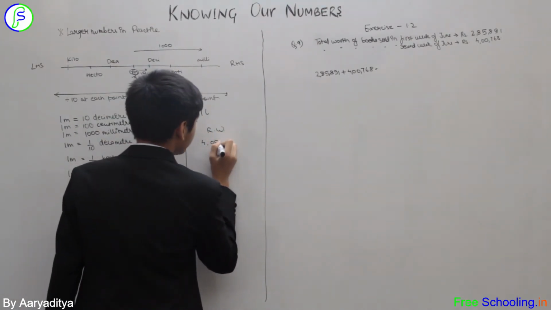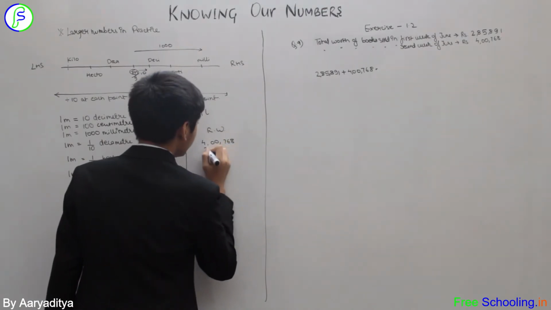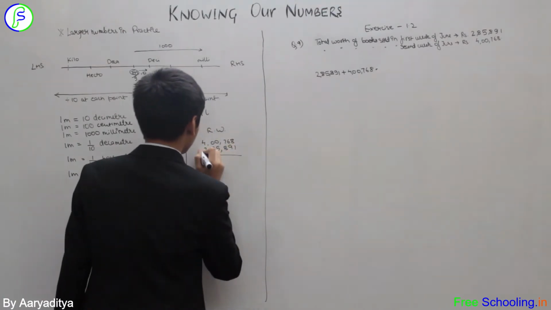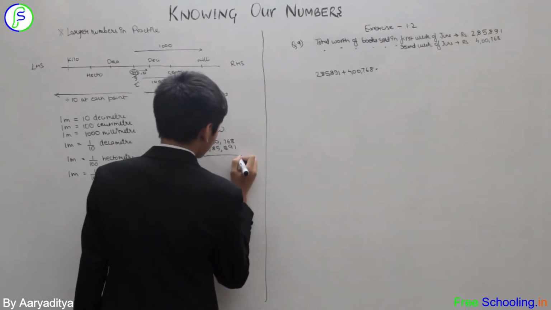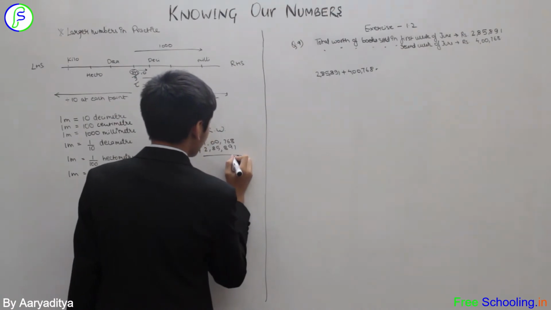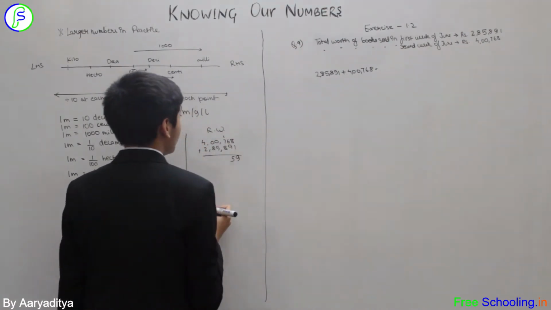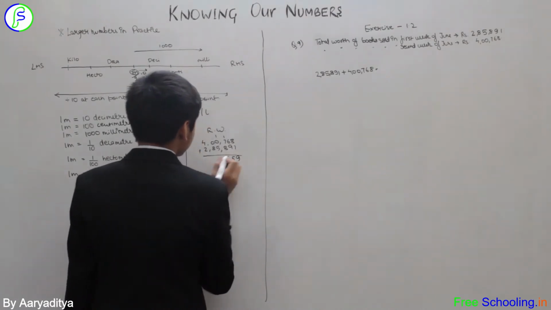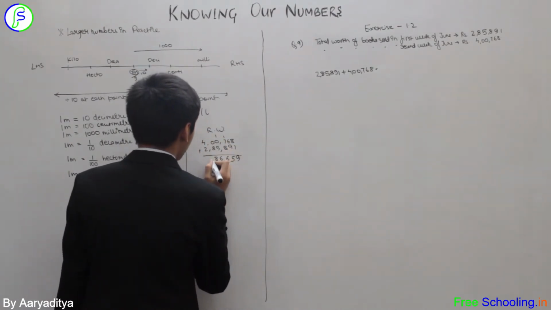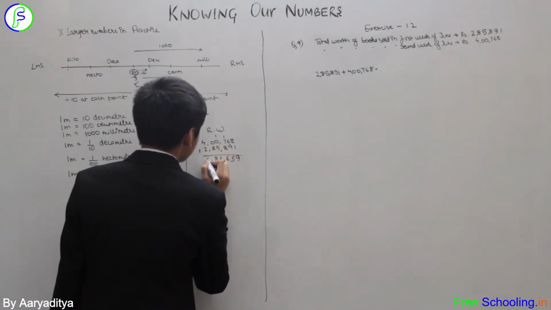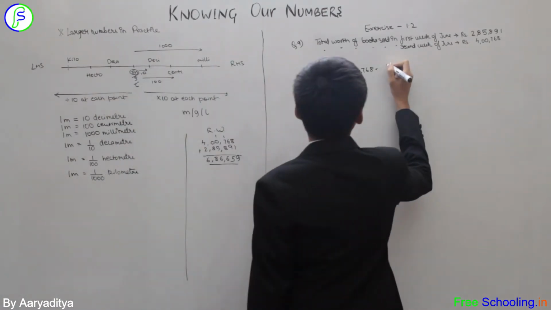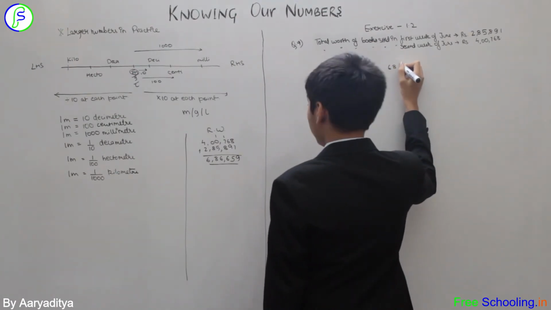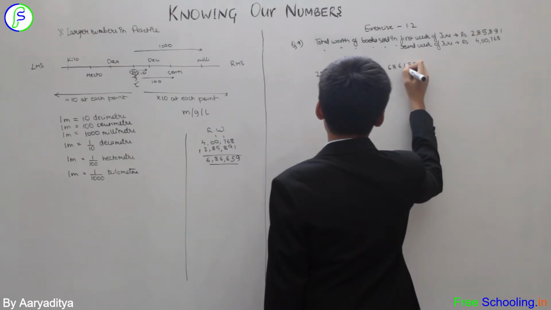We just need to add 4,00768 with 285,891. Okay, so let's add 8 plus 1, 9, 9 plus 6, 15, 1 carry on, 8 plus 8, 16, 1 carry on, 5 plus 1, 6, inserting a comma, 8, and then we have 4 plus 2, 6. So, total of 6,86,659.